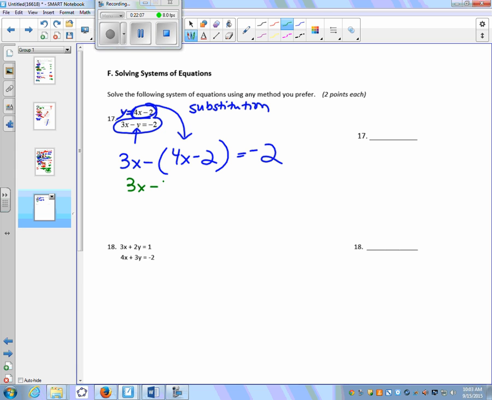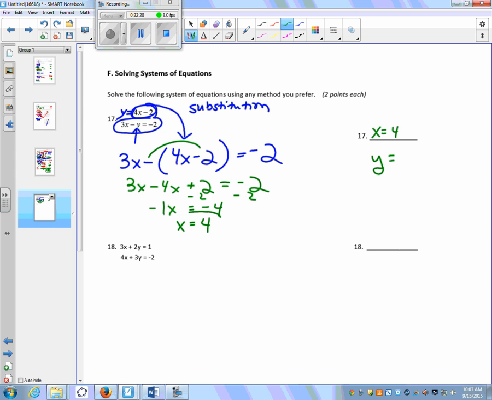3x minus 4x, remember distribute that negative, it's going to be plus 2, equals negative 2. 3x minus 4x is negative 1x. Subtract 2 from both sides. Negative x equals 4. So x equals 4, but we're not done because we need y.